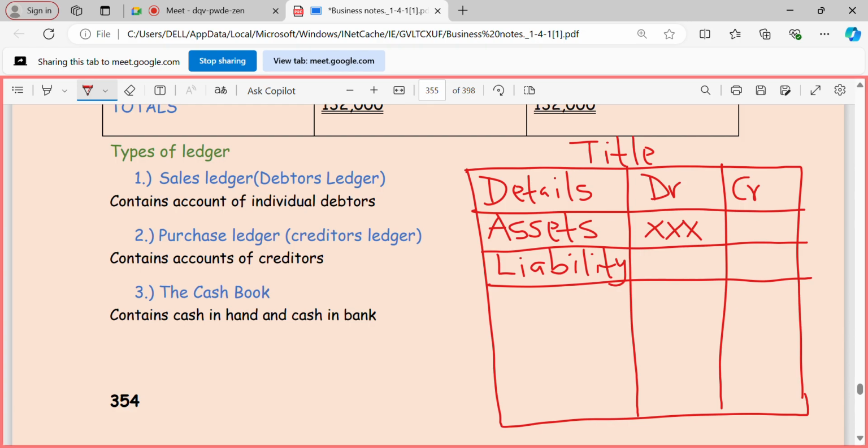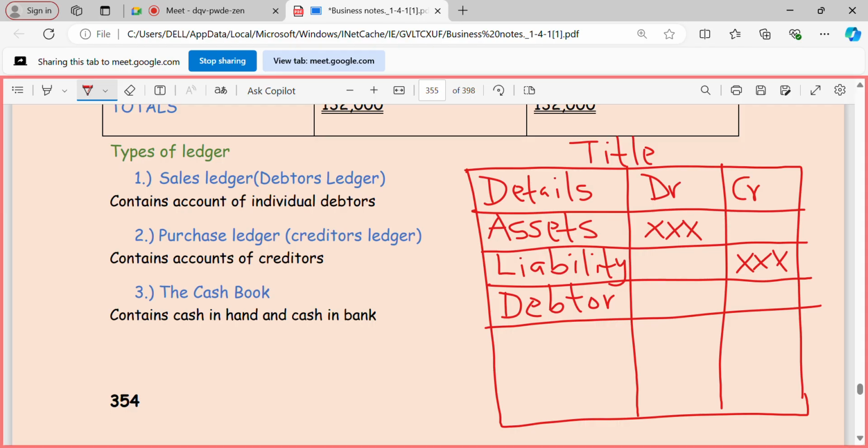Liabilities are now all sorts of loans. So liability can be a loan, a bank loan, a 2-year bank loan. It can be creditors. So liability: loans, creditors.